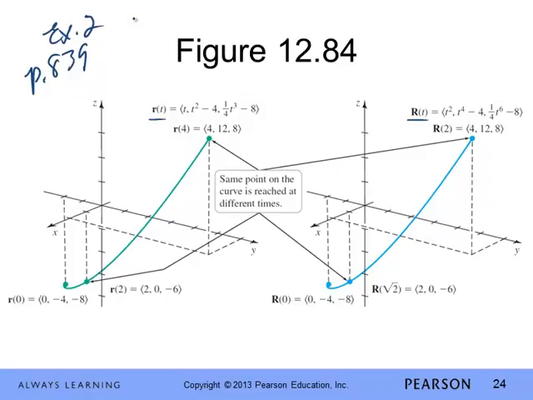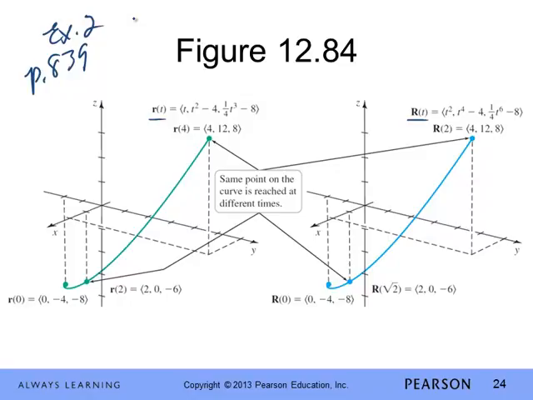Now here at t equals 4, you happen to be at this position 4, 12, 8 with this first function, little r of t.